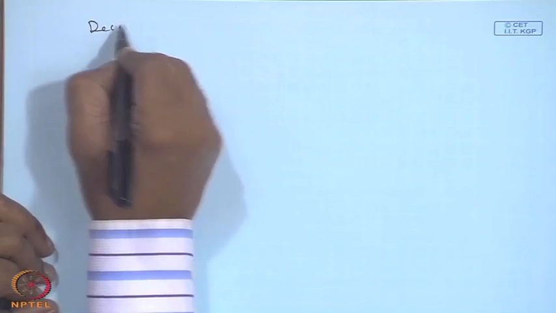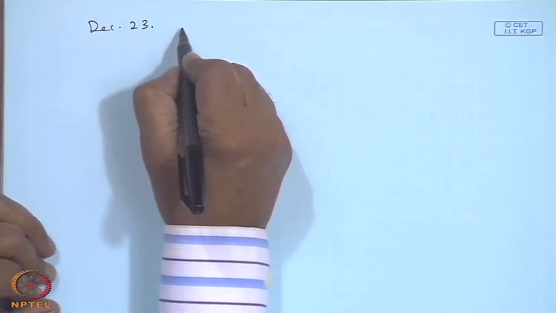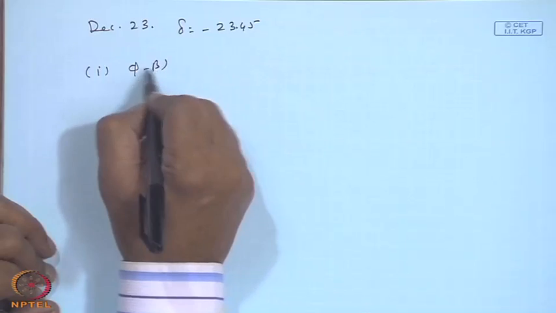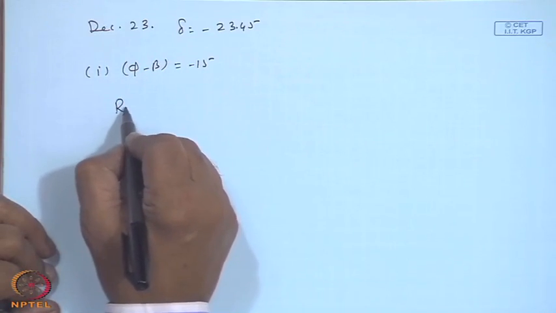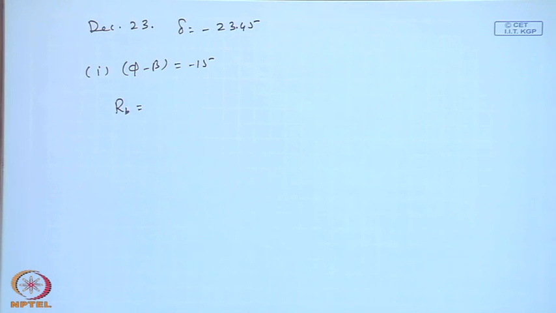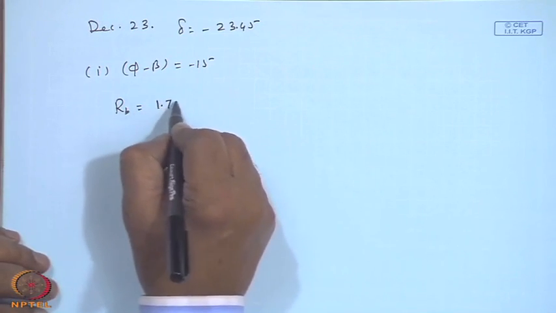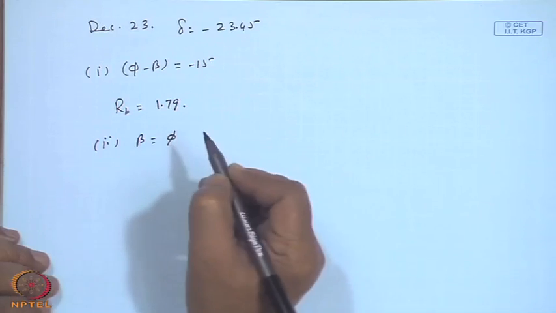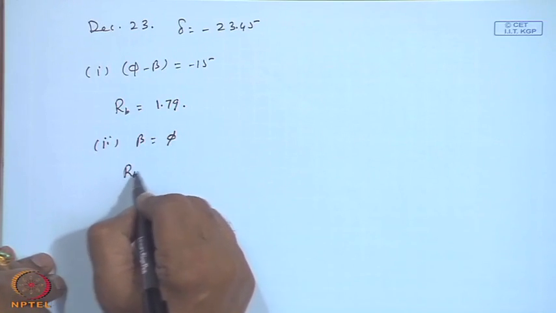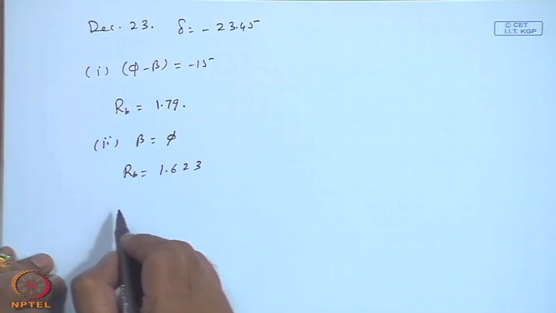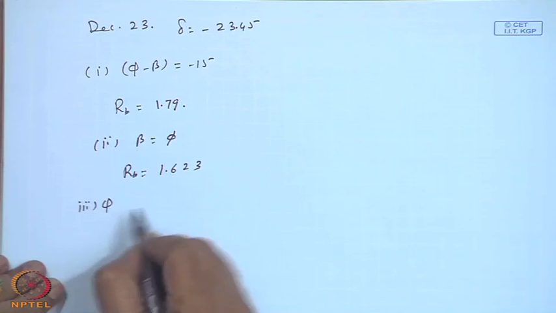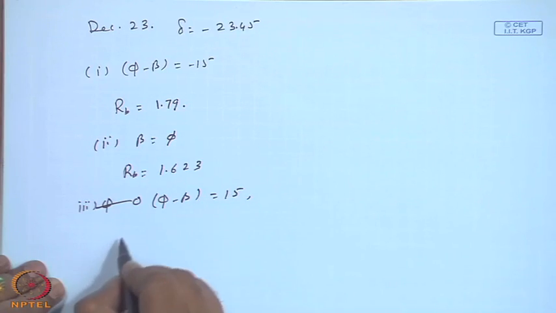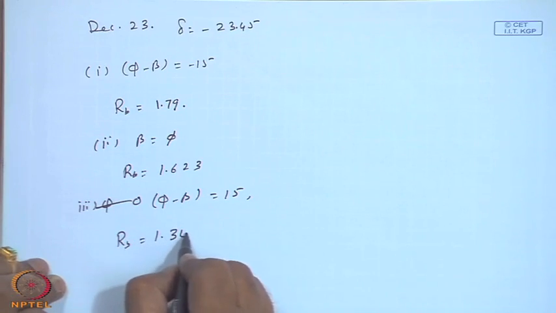And if you go to December 23rd with a declination of minus 23.45, for the first case of phi minus beta equal to minus 15, you will have RB 1.79, and then for the second case, beta equal to the latitude phi, you have RB equal to 1.623, and for the third one, phi minus beta equal to plus 15, RB is 1.34.